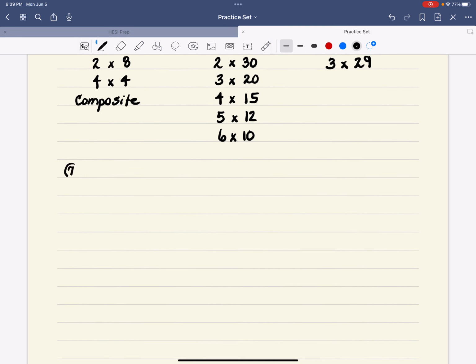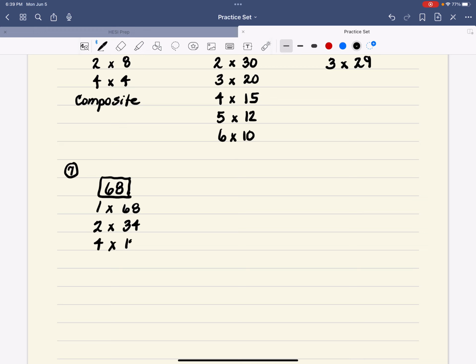Number 7, we have a 68 to work with. I know this one is not prime because it is an even number. So because it's an even number, we know that 2 would work. 3, I don't believe will. 4, yes, 4 times 17.